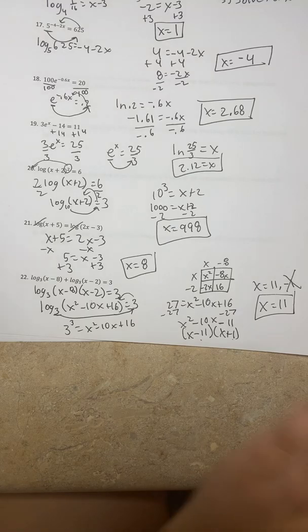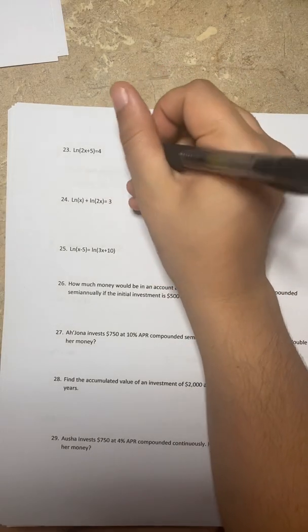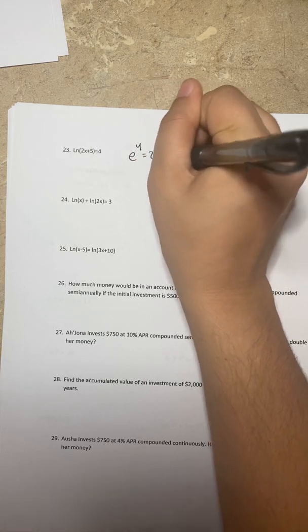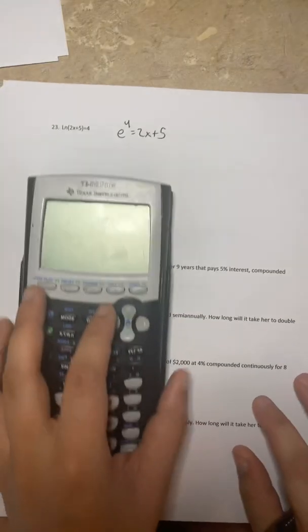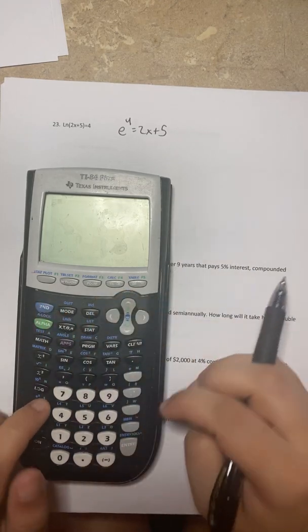All right, next page, we've got some natural logs. And so natural logs, if the natural log is already by itself, like this first one is, you just convert it to your e form. And so that becomes e to the 4th power equals 2x plus 5. And e to the 4th power, you can just plug into your calculator. Remember, e is when you hit second and then natural log.